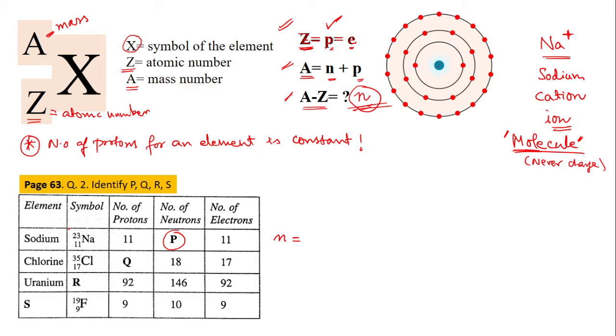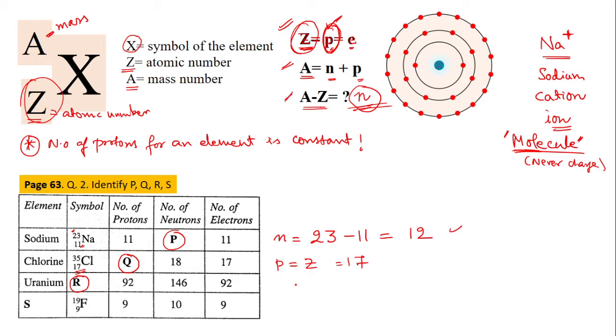So can you try to answer this question? In this uranium, what is the symbol? How will we write the symbol? Uranium we write as U. Okay. Now you tell me what you will write in the subscript and superscript. What will we write here in the down, the mass number or atomic number?